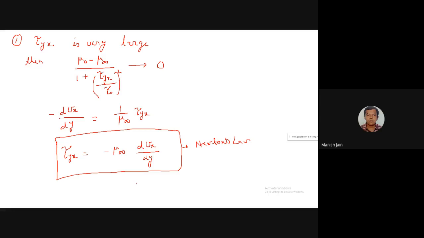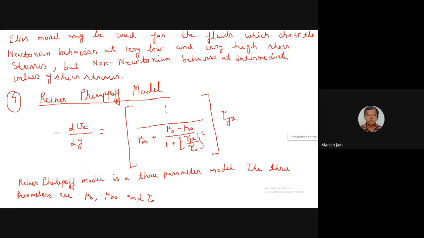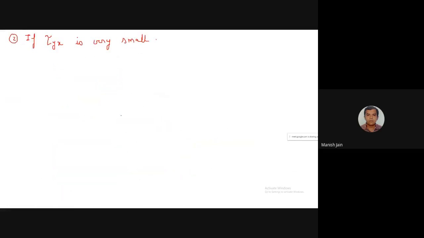Okay. Now the second case, if tau yx is very small, then what will happen? Tau yx divided by tau naught equals 0 because tau yx is very small.